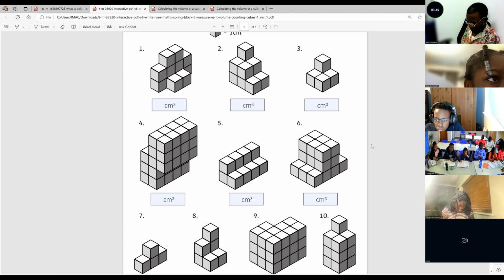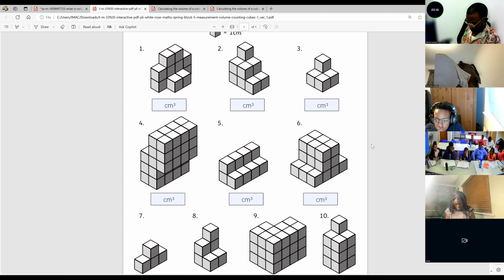So if you're able to divide the sections into little bits and then add them up, it's easier. Look, it goes like this.